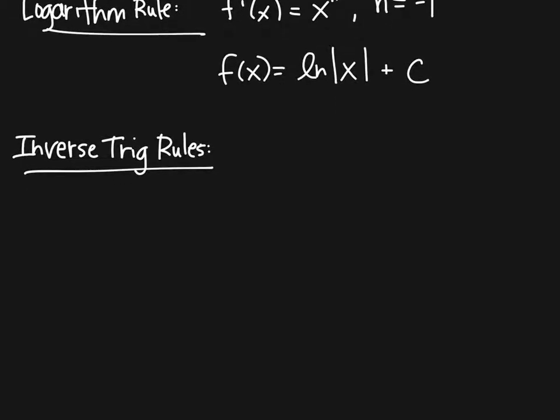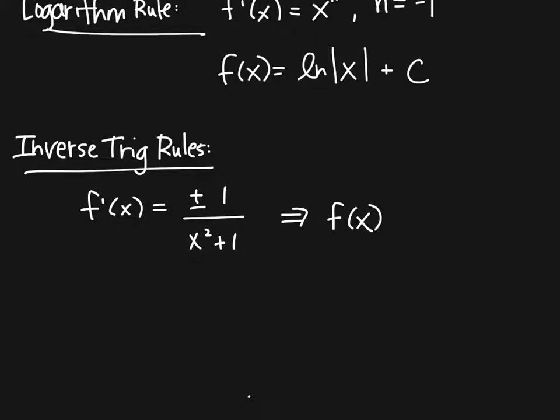Okay, let me pause this. Come back here. So if you have f prime of x being equal to plus or minus 1 over x squared plus 1, either positive or negative, then that is going to be solved by f of x being equal to, this is a situation of inverse trig.